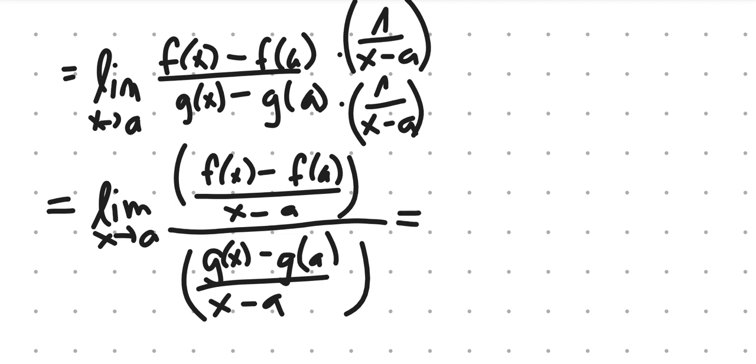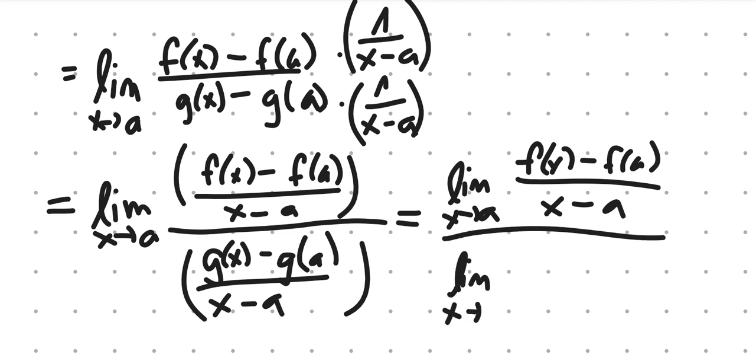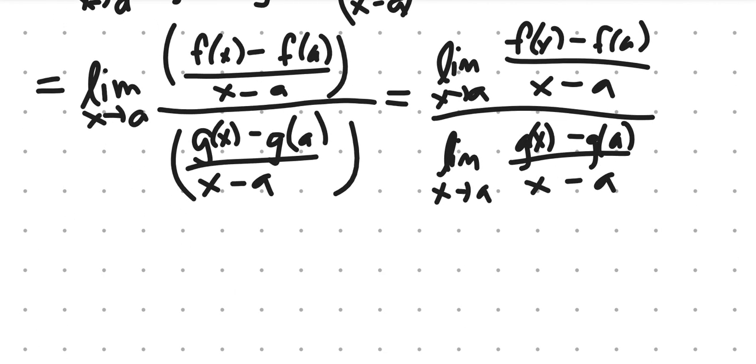So we have the limit as x approaches a of f of x minus f of a divided by x minus a, dividing the whole thing by the limit as x approaches a of g of x minus g of a all over x minus a. Now, since we have the definition here in the denominator and the numerator, we can say that this is actually equal to the limit as x approaches a of f prime of x over g prime of x.